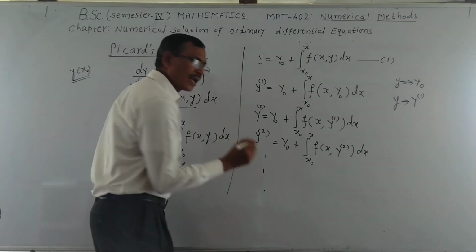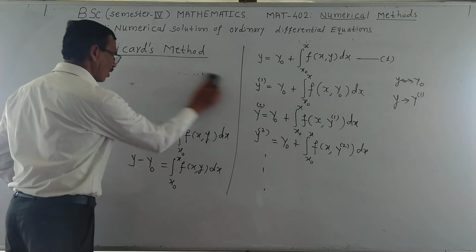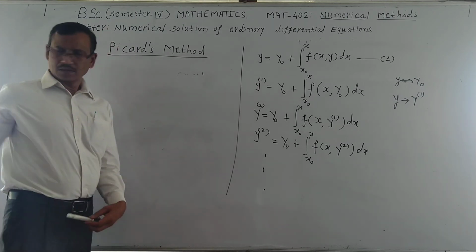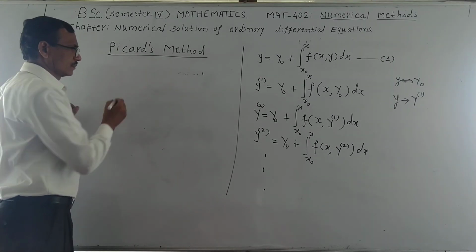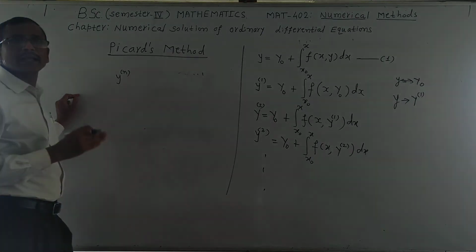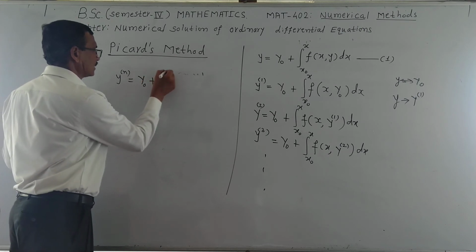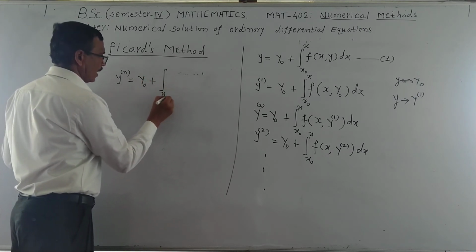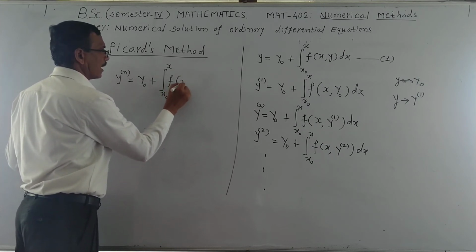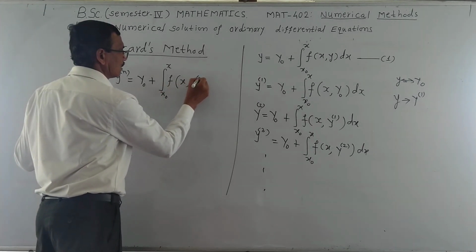Continuing in this manner, we can write the general formula, which is yn, the nth approximate value, is equal to y0 plus integral from x0 to x f of x, y n minus 1 dx, where y n minus 1 is the n minus 1th approximation.